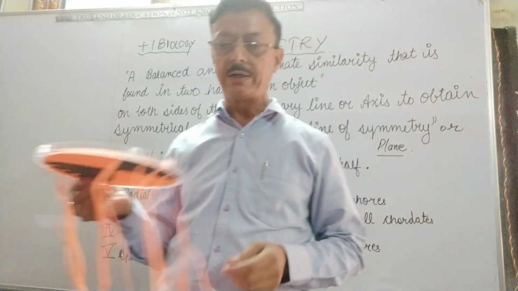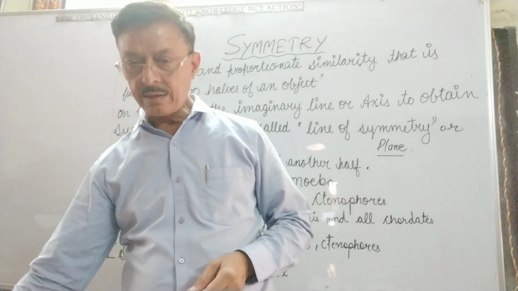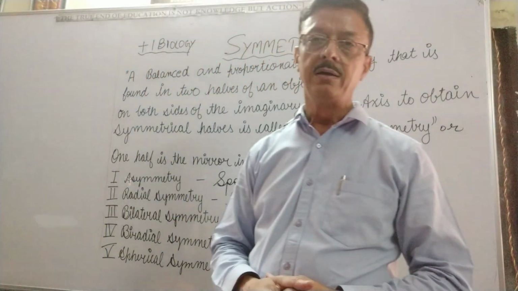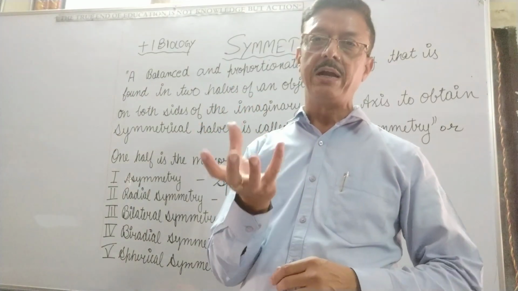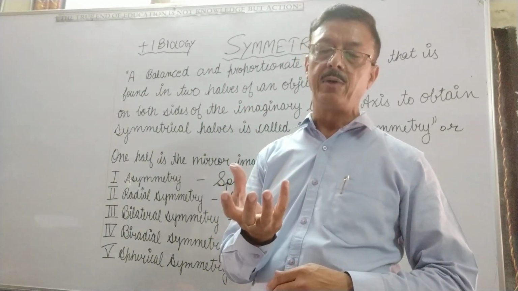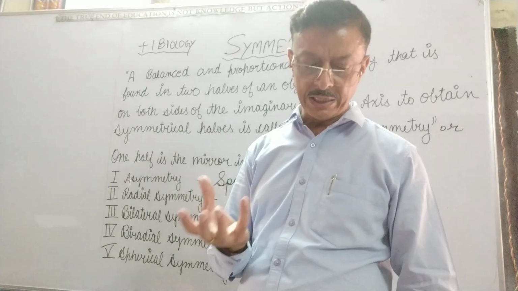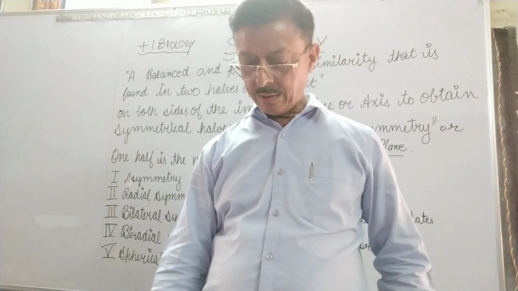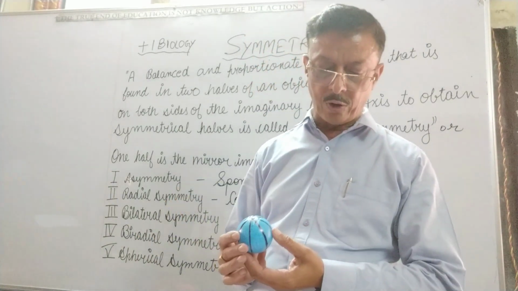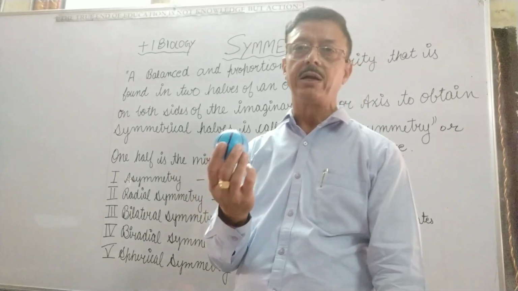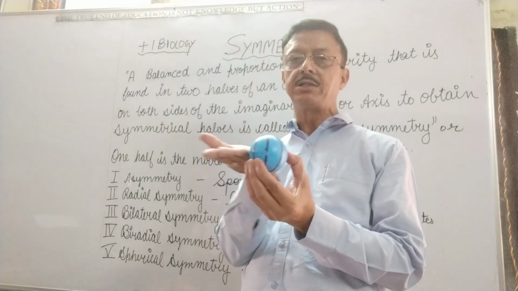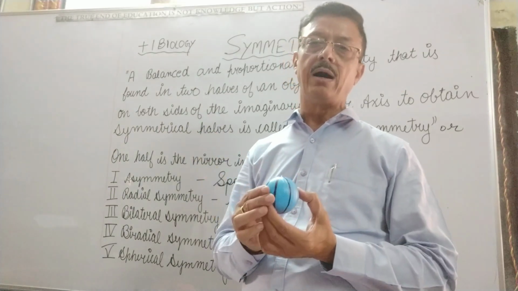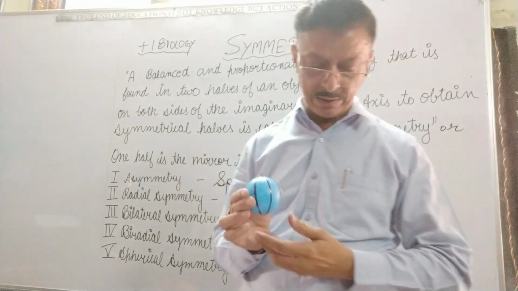And the last symmetry I will discuss here is spherical symmetry. Spherical means ball shaped or football shaped, an animal having a football shaped body. That is, in case of spherical symmetry, the body is ball shaped or spherical. When we cut this body longitudinally or equatorially, we get two equal halves in this spherical symmetry.